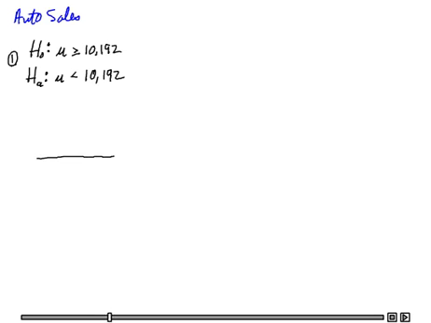The next thing I need to do is to build my sampling distribution, and I have a good estimate of sigma, so good that they're pretty much saying we have the population standard deviation at 4,500. So with a sample size of 100, I'm good to go with a standard normal distribution. So I'm going to say sigma sub x bar, my standard error, would be the 4,500 divided by the square root of the sample size.